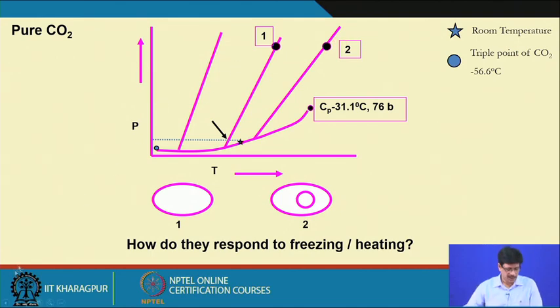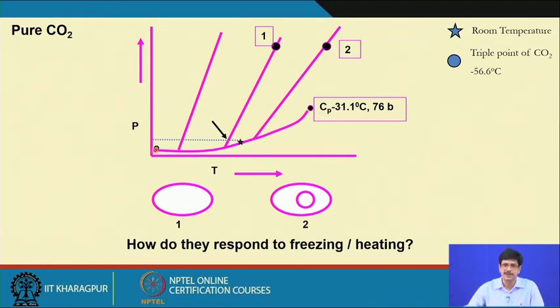Just as you have seen before in the case of water, this is the liquid-vapor coexistence of carbon dioxide. The carbon dioxide triple point occurs at minus 56.6 degrees Celsius, and the critical point occurs at 31.1 degrees Celsius and 76 bars.